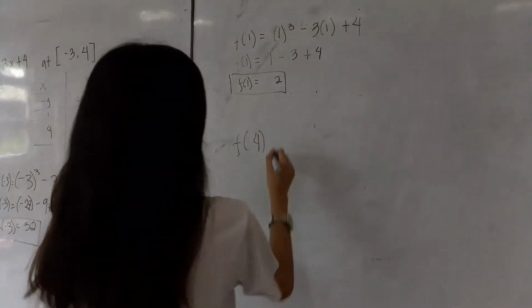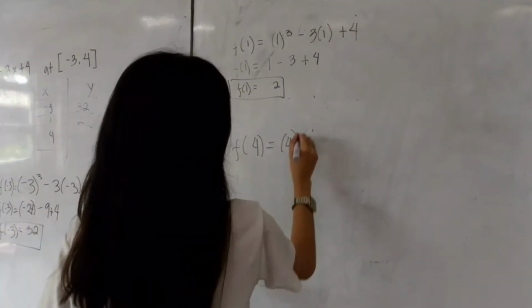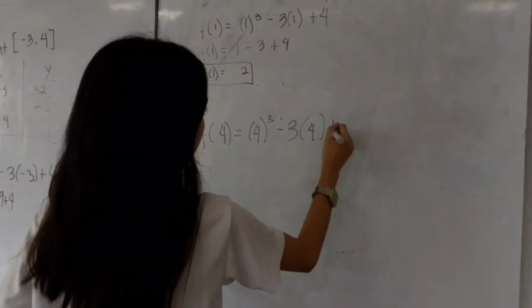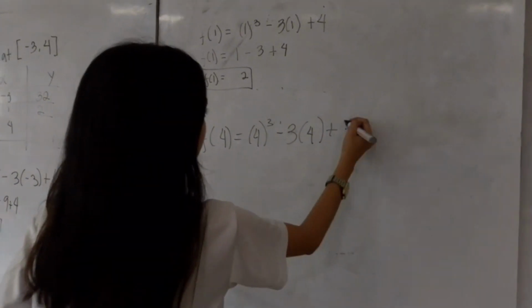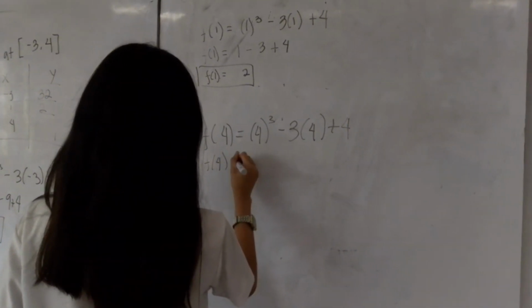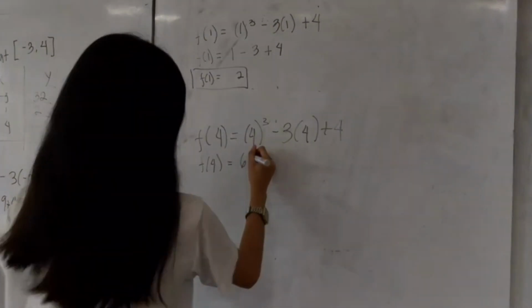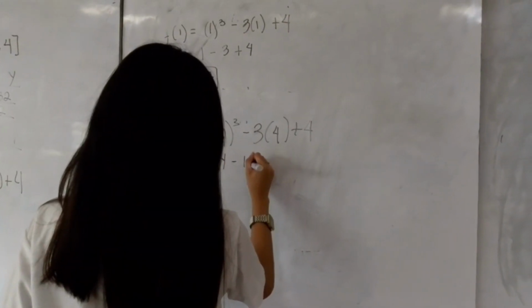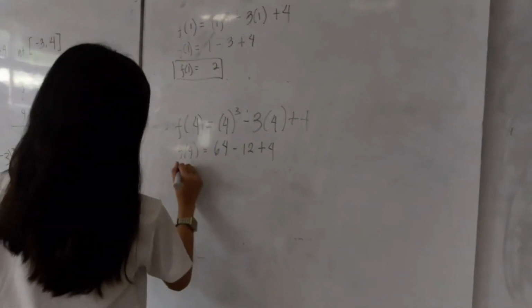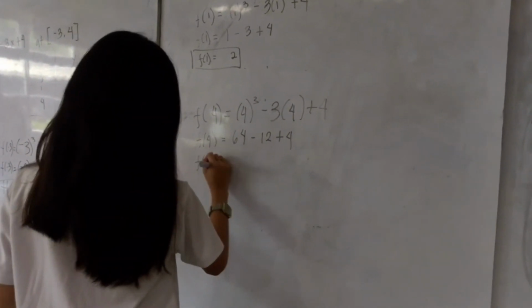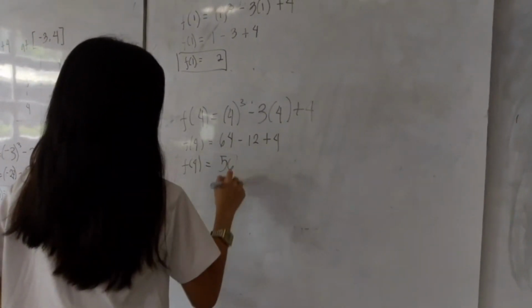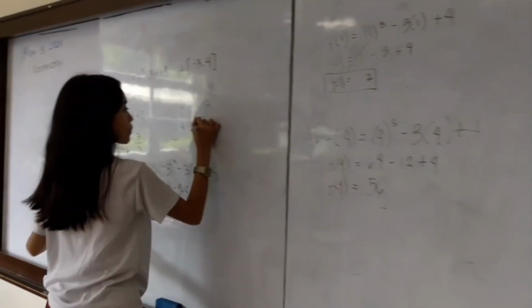For the third and last one, we have positive 4. 4 raised to cube minus 3 times 4 plus 4, which is 64 minus 12 plus 4, is equal to positive 56.